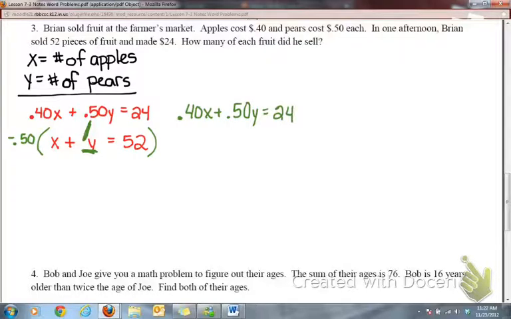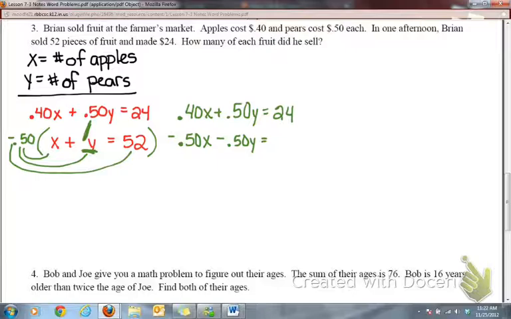But the bottom equation is going to become a negative 50 cents times x, because I have to multiply this. I'm distributing that negative 50 cents, and then times that y, so that will also be a minus 50 cents times y, and then I distribute it also to the 52.